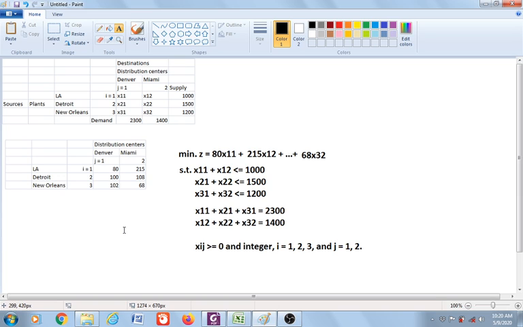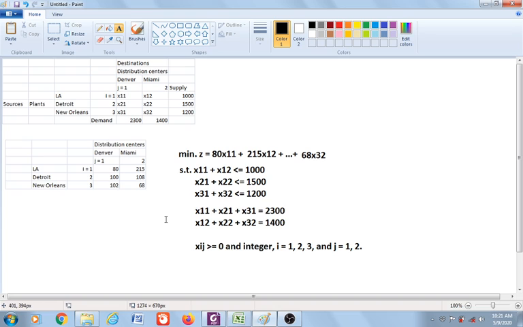It is very clear that the LP model here we can solve by using the simplex method, but we will not do that. We will apply a special algorithm to solve the mathematical formulation.